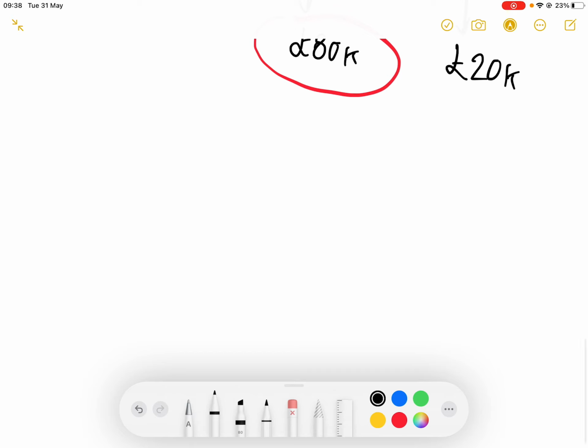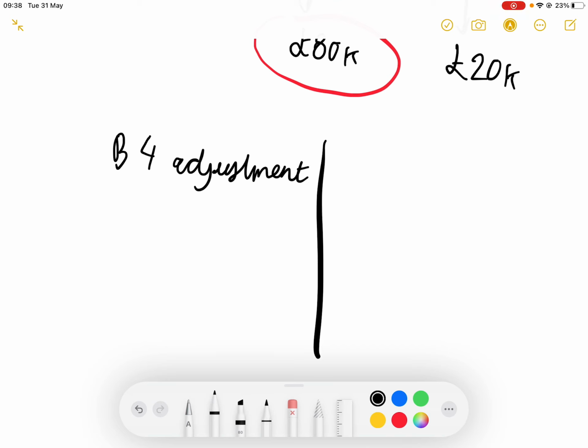So let's do before adjustment, after adjustment, and adjustment, to understand the double entries we're posting, because these double entries are going to show you why you don't need to adjust retained earnings in your workings.